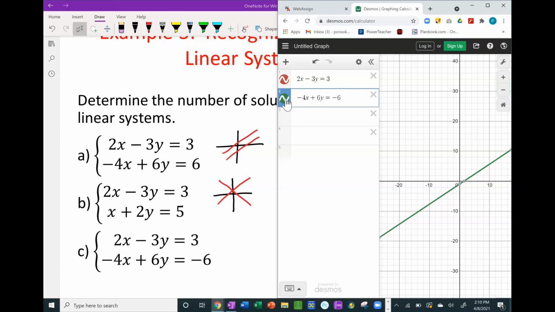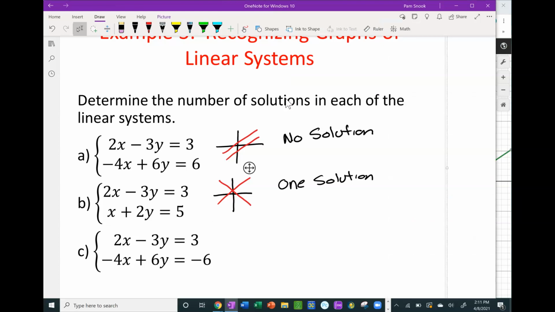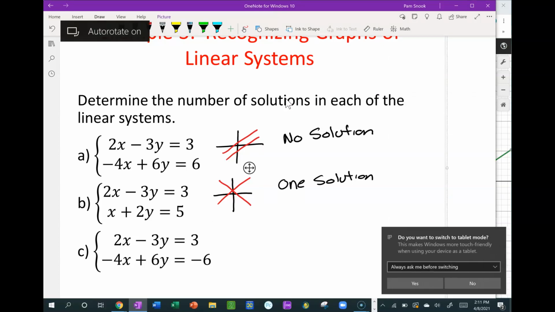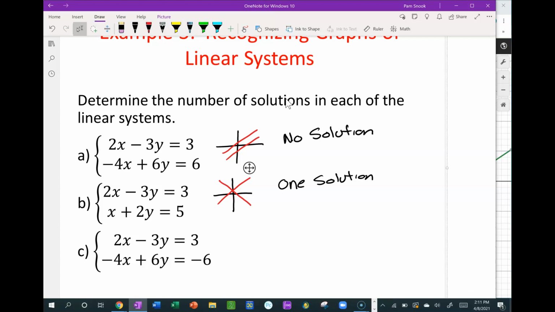So that means we have infinitely many solutions. Every single point on either of those two lines counts as a solution. So when I draw my picture of that, I have one graph like this, and then the other one was right on top of it.